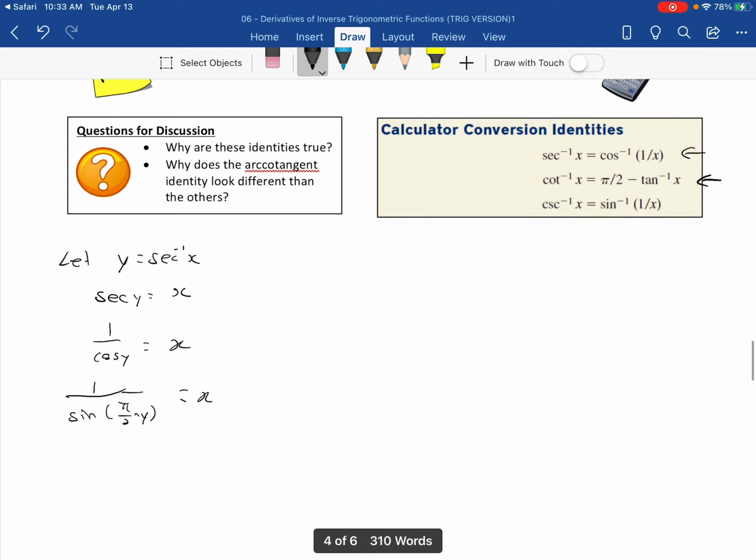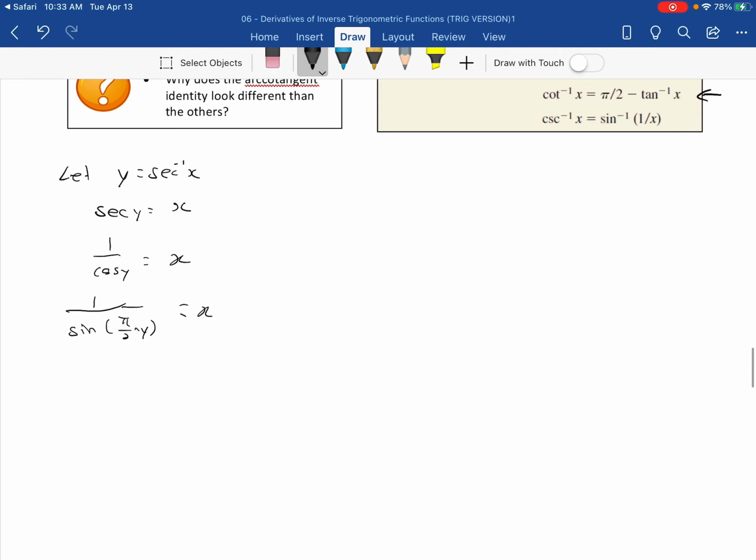And once I've done that, I'm going to flip both sides. And I get sine of pi over 2 minus y equals 1 over x. Bring the sine over: pi over 2 minus y is the sine inverse of 1 over x. Then I'm going to solve for y.